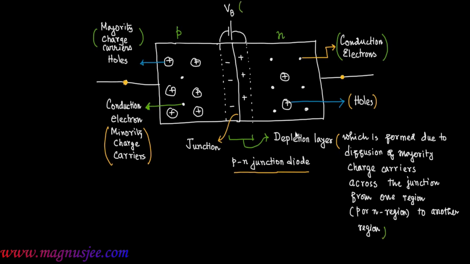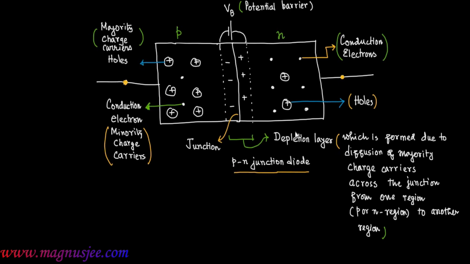And what about VB? VB is a potential difference which is set up due to accumulation of immobile ions. This is known as the potential barrier acting across the junction of the PN junction diode.